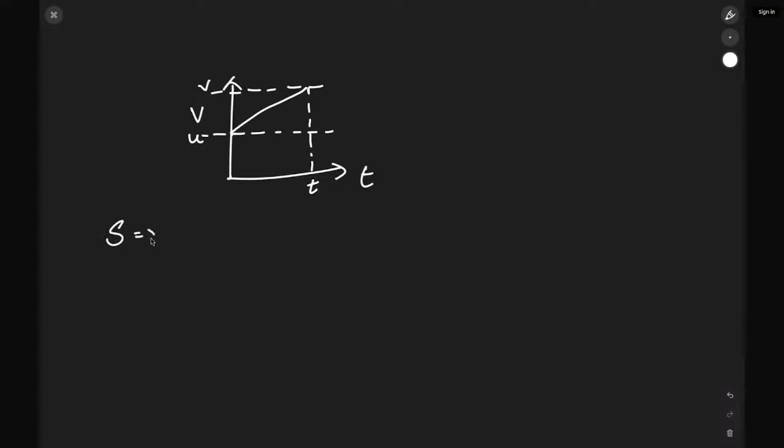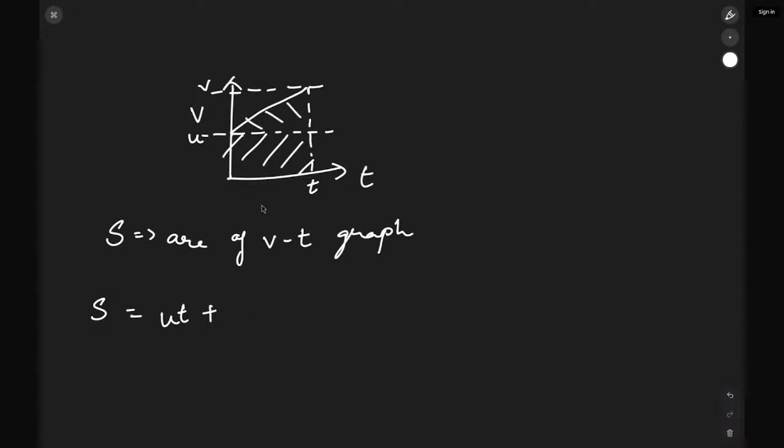Now the distance s will be the area of the v-t graph. Now what is the area? Area will be the area of the rectangle plus the triangle. So s = ut, which is this rectangle, plus area of this triangle, which will be half into base t, into height.